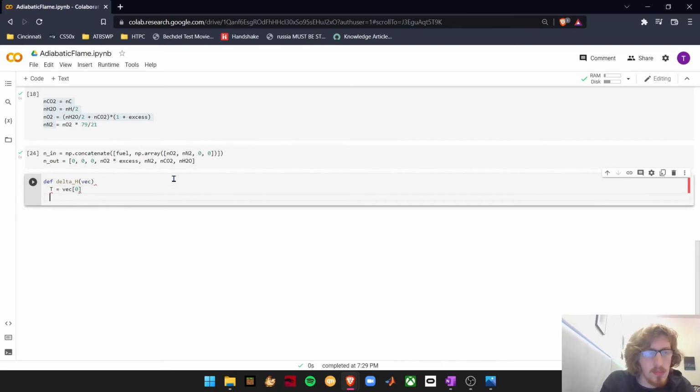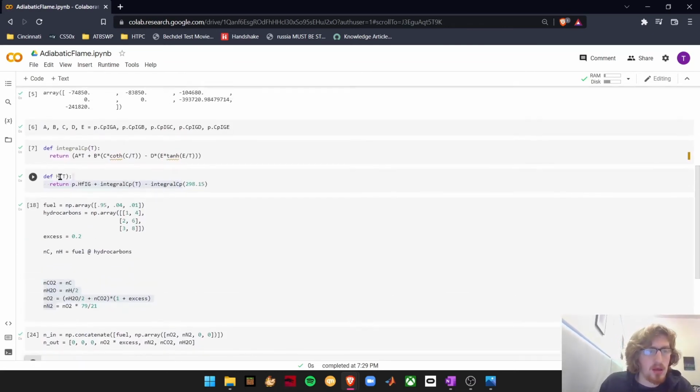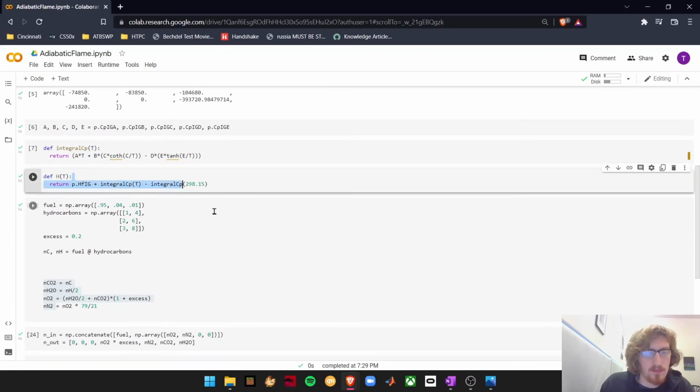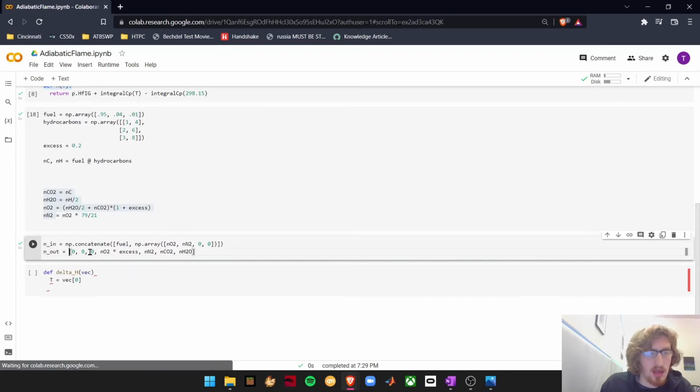Actually, I'll leave the return for now. We're going to take the dot product of our enthalpy function up here and each of these values in our two input and output arrays.